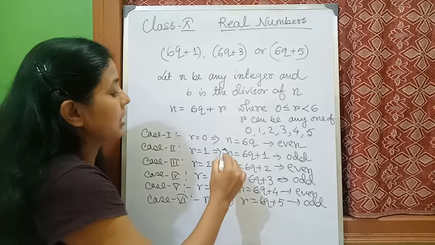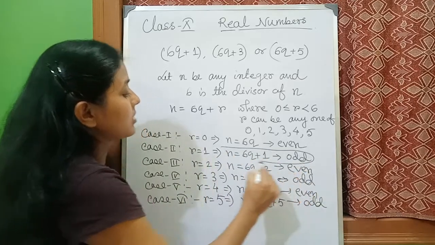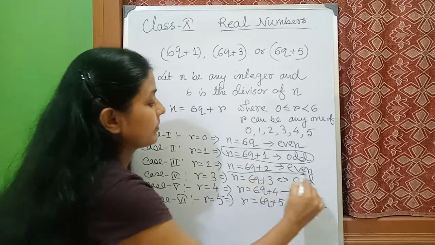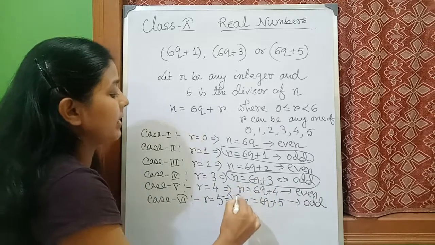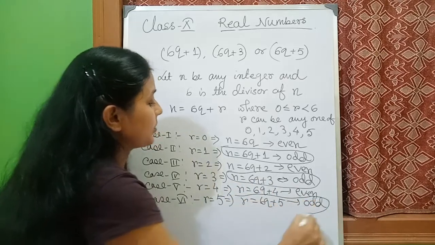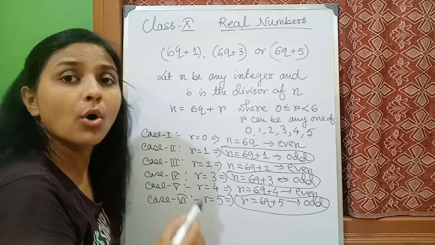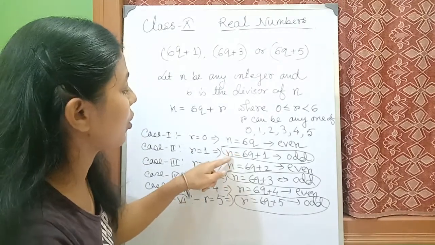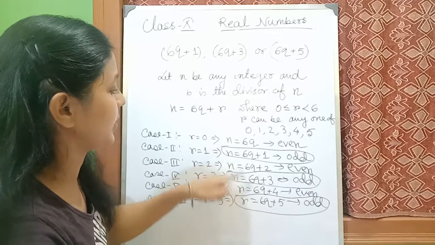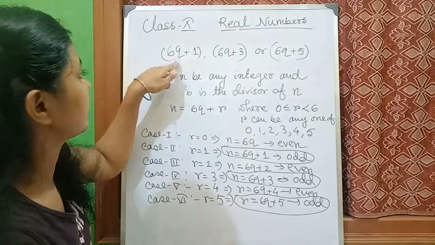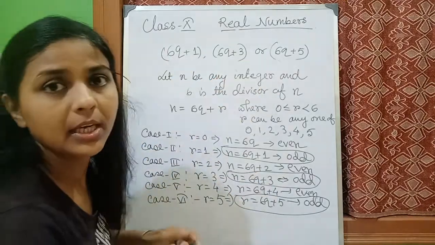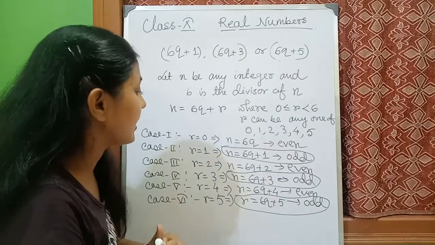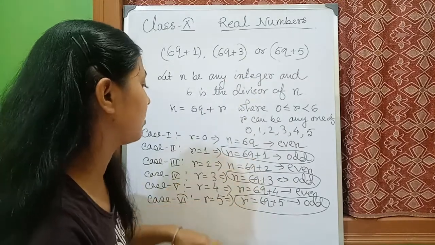That means we have got our answer. We have to find the expressions for odd numbers, and we have got all these 3 expressions as odd numbers, and you can see the question's heading. That means we can write down now.